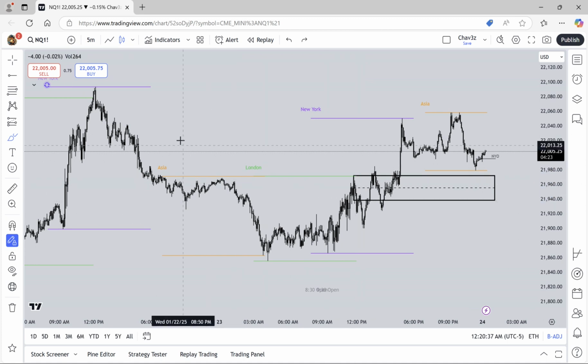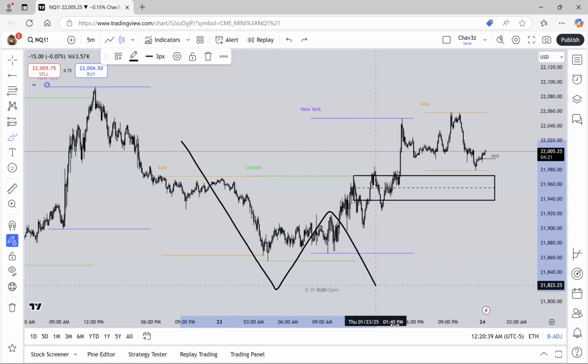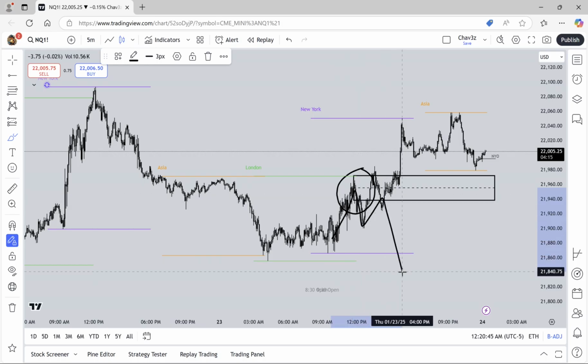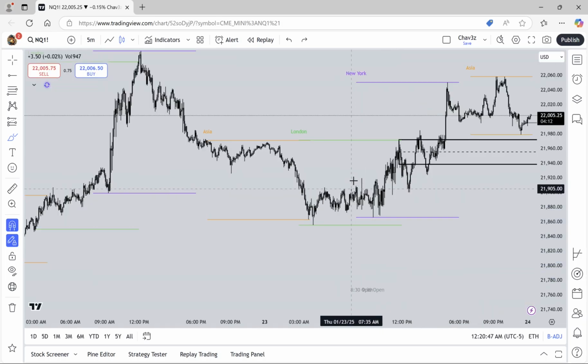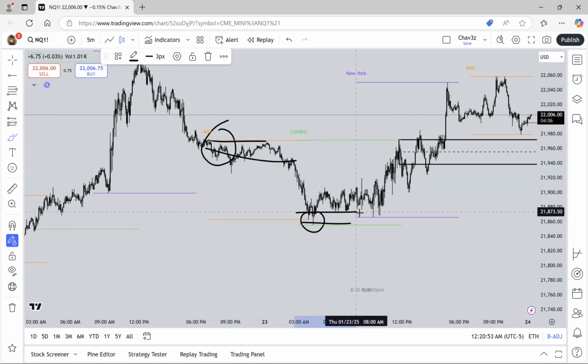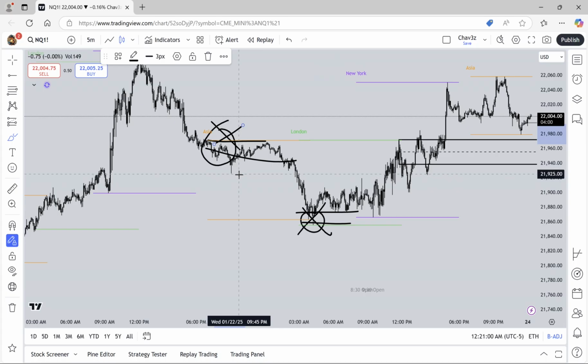If we have a bearish narrative and we think that we're going to continue a downtrend, then we have an idea of how we want this box to be used. We want it to be used as an order block and drop down. That high of the session creates an order block, and that low of the session creates an order block, just waiting to get taken out and do one of the three things I'm going to explain to you.